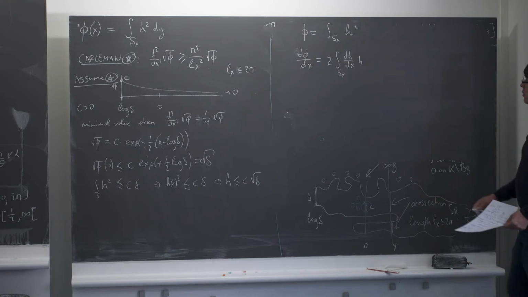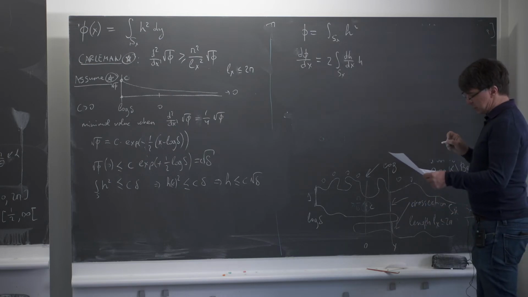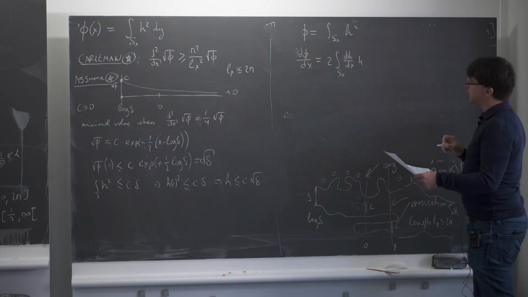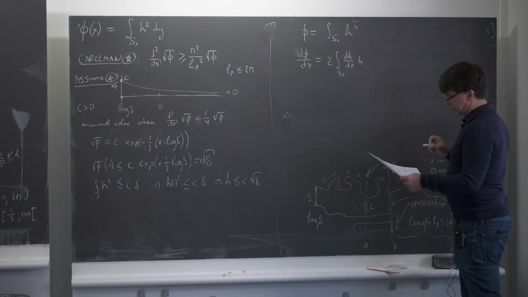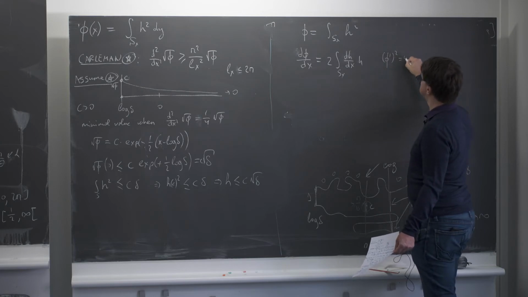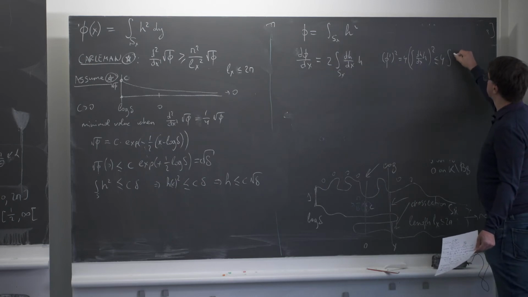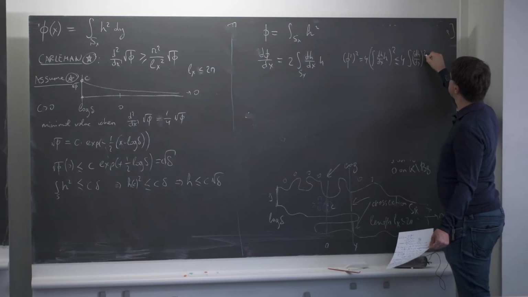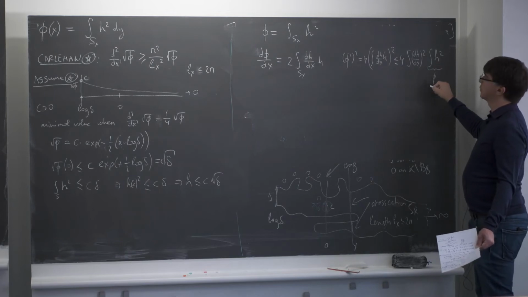Then, before I differentiate the second time, I will use Cauchy-Schwarz, which gives that phi prime squared, which is the integral of dh/dx times h squared, is no more than 4 times the integral of (dh/dx) squared times the integral of h squared, which is just phi.